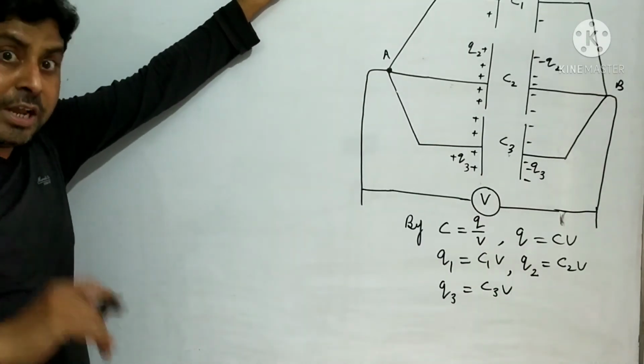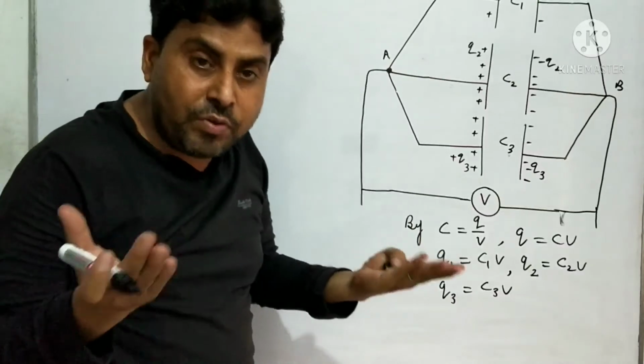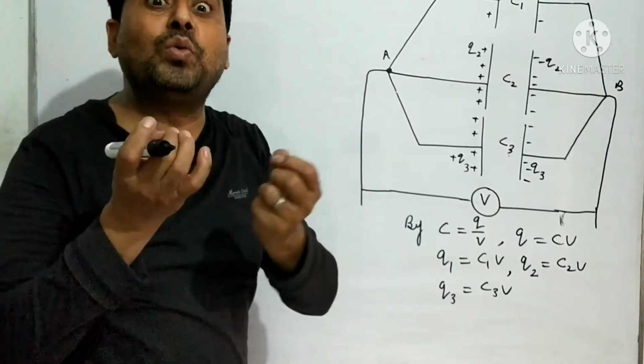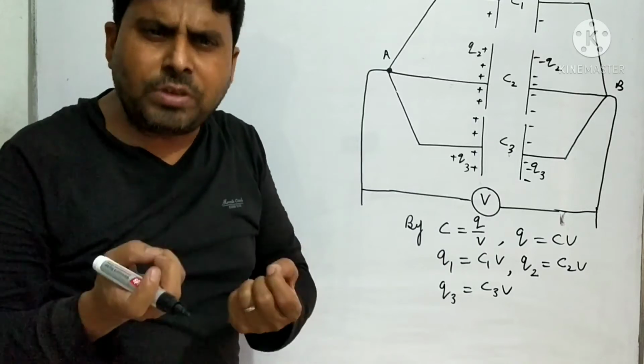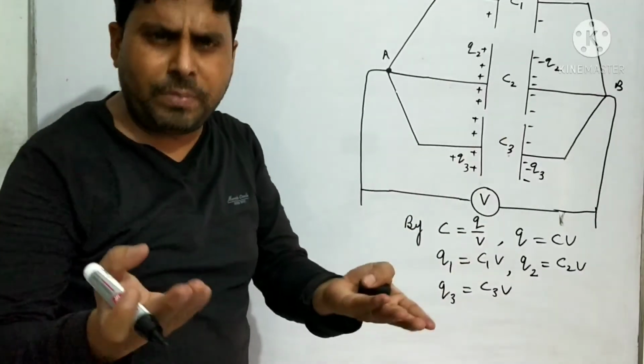Clear? Now, taking the individual charges Q1, Q2, Q3, we have to add them, to find how much total charge can be stored in the combination.